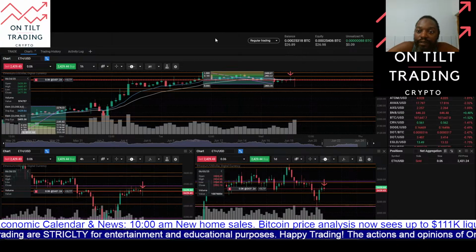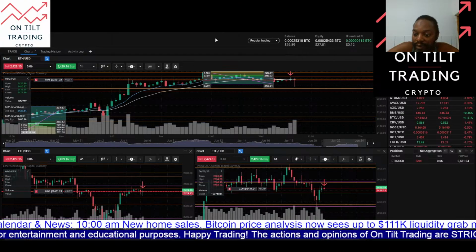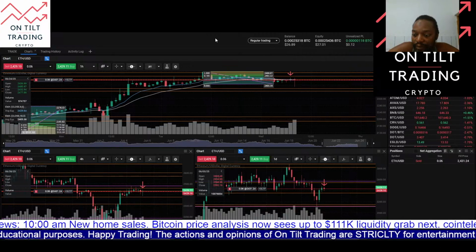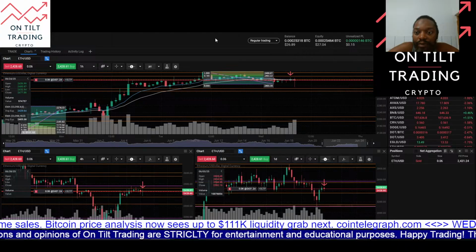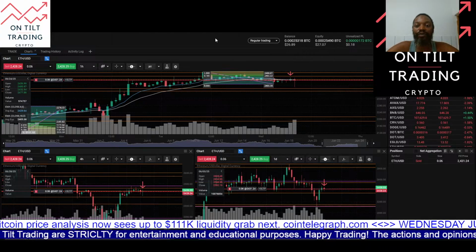Less than 5 minutes remaining in the current 60-minute candle, and approaching the first 1.5 hours of the New York session here.